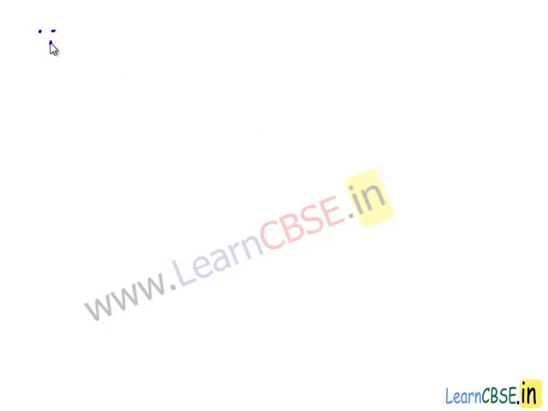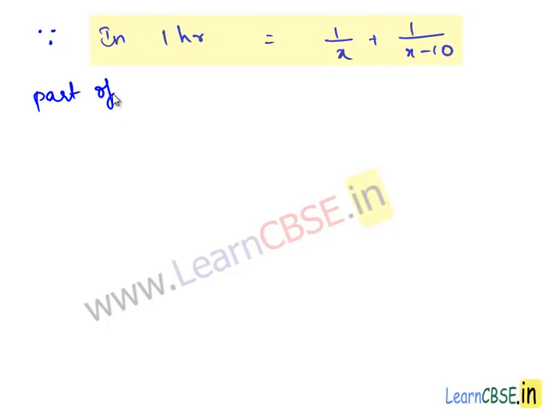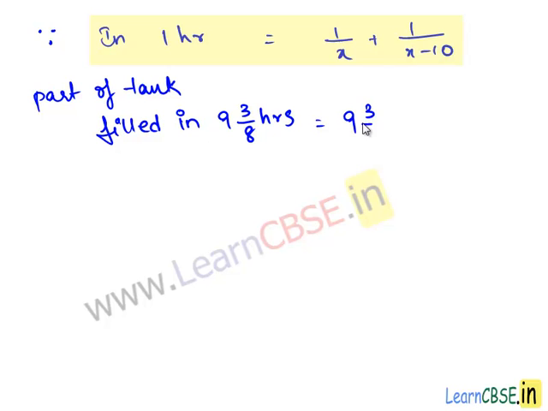So since in 1 hour, the part of the tank filled by the two taps together is 1 upon x plus 1 upon x minus 10, the part of the tank filled in 9 3 by 8 hours is equal to 9 3 by 8 multiplied by 1 by x plus 1 by x minus 10.